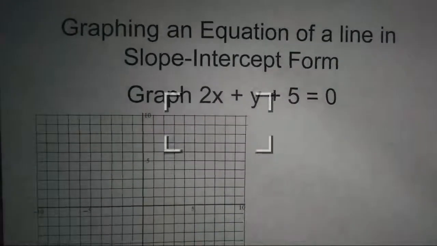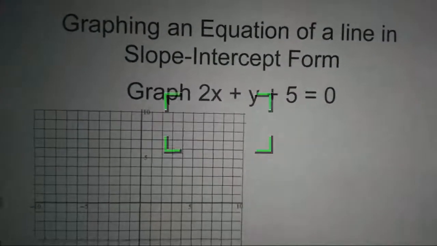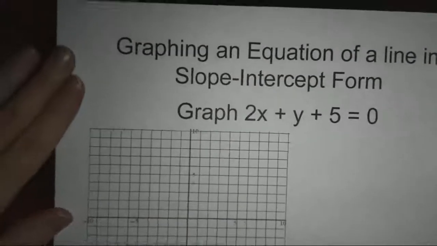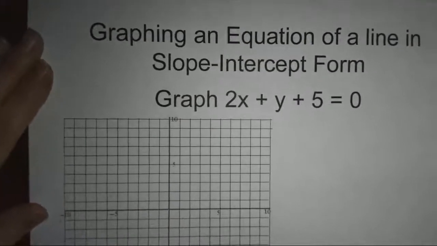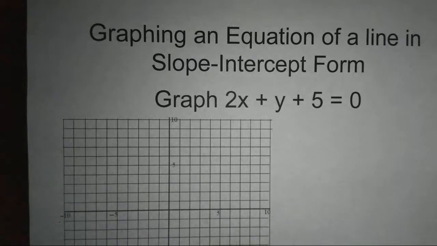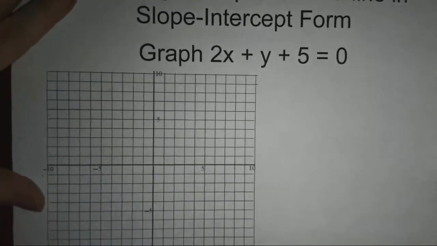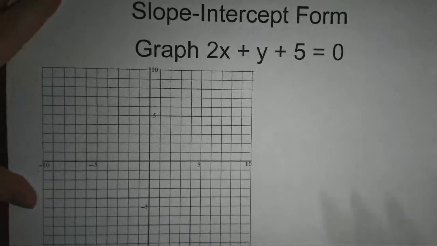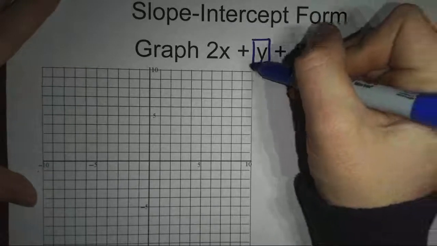All right, here's another. We want to graph the equation of this line in slope-intercept form. All right, so here we have 2x plus y plus 5 equals 0. Now, we could create a table, but that would be a huge hassle. So instead, let's just turn this equation into slope-intercept form. All we have to do is solve for y.